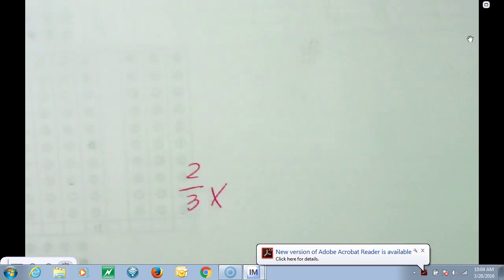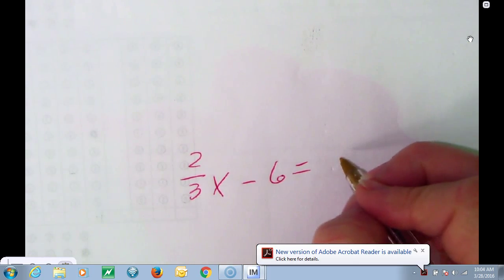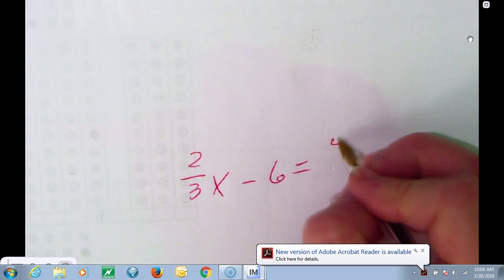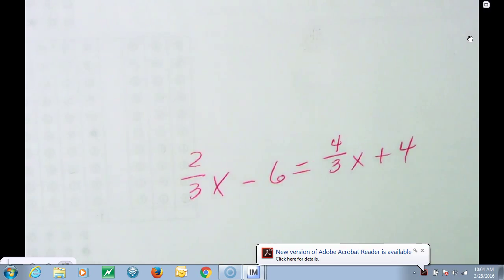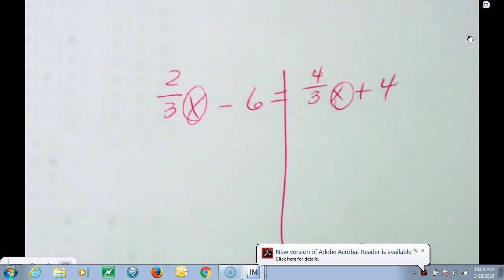Okay. Hey, that reminds me. If I had 2/3 x minus 6 equals 4/3 x plus 4. Well, how would I solve that? No, because it's repeating. What would I do?